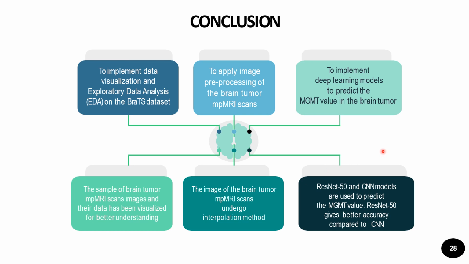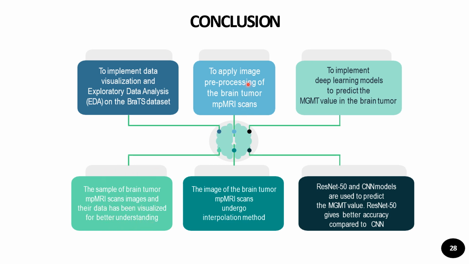So, conclusion. We have 2 objectives. The first objective is to implement the data visualization and exploratory data analysis, EDA, on the brain data set. From our project results, the sample of brain tumor MRI scan images and their data have been visualized for better understanding.